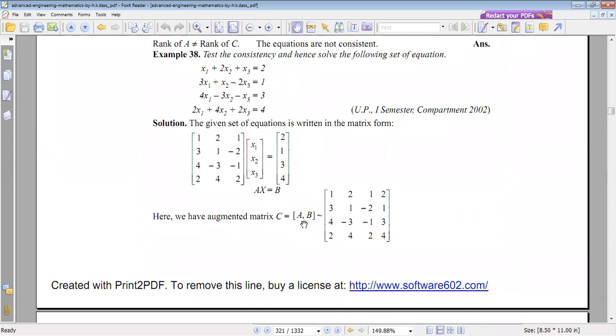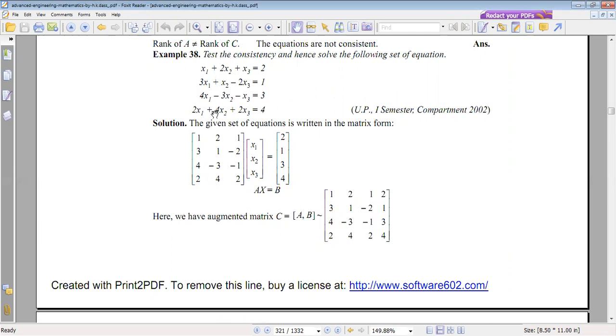Next, see the next question. Test the consistency and hence solve the following set of equations.